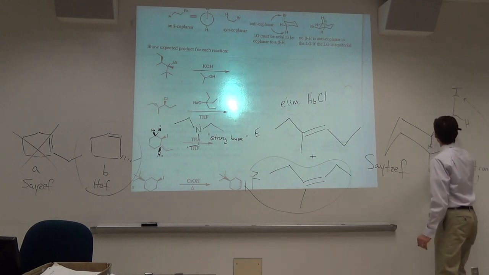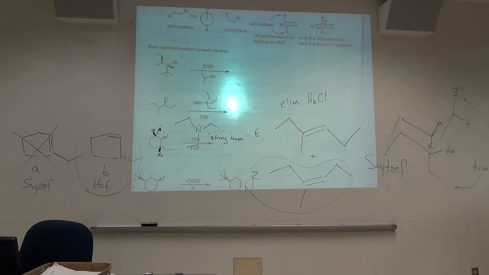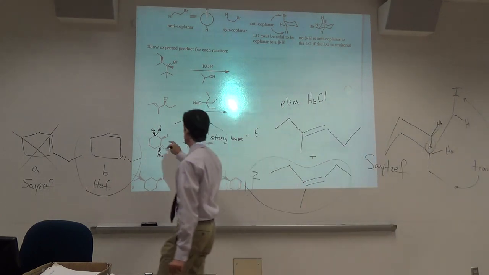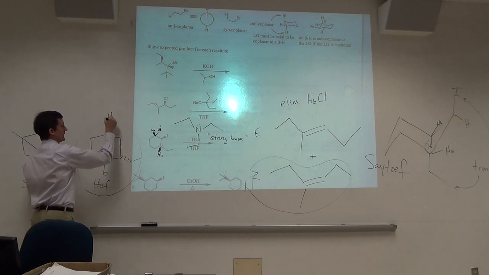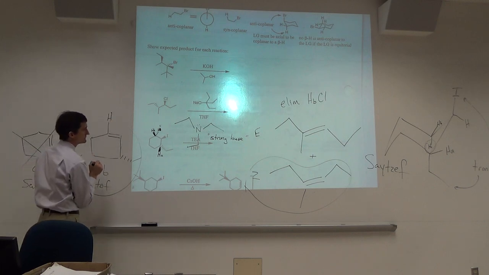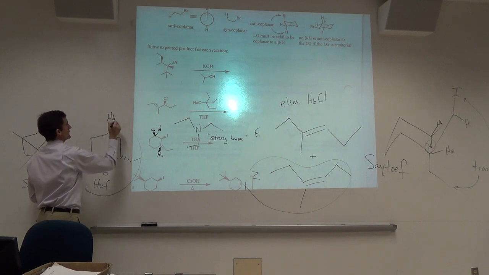And that's B. So when it eliminates, which one actually gets eliminated? Which one is anticoplanar to the iodine? C. That's the one that gets eliminated. So if these were designated with a B or C, which H would remain? HB remains.